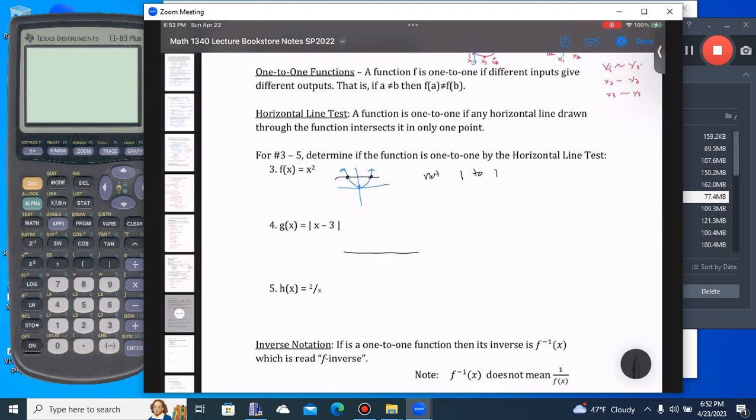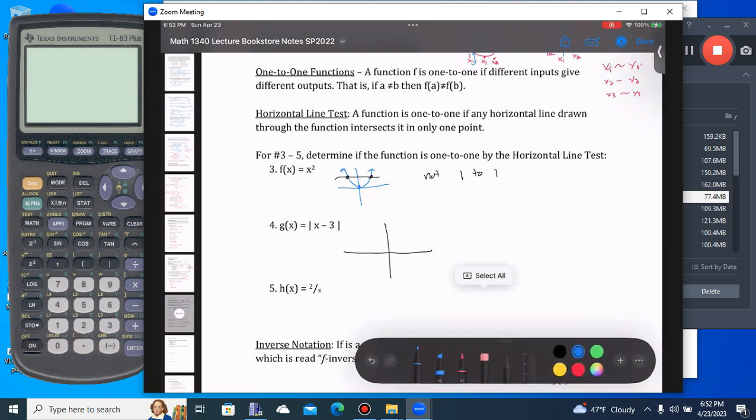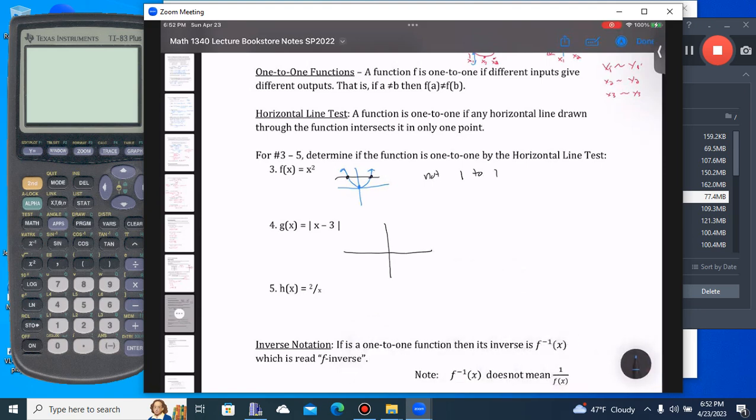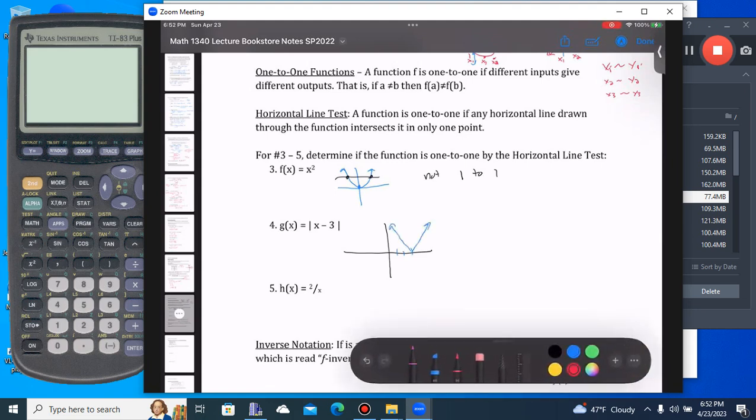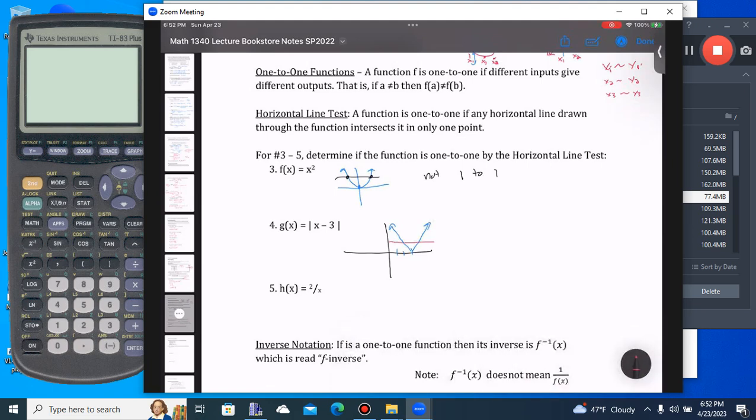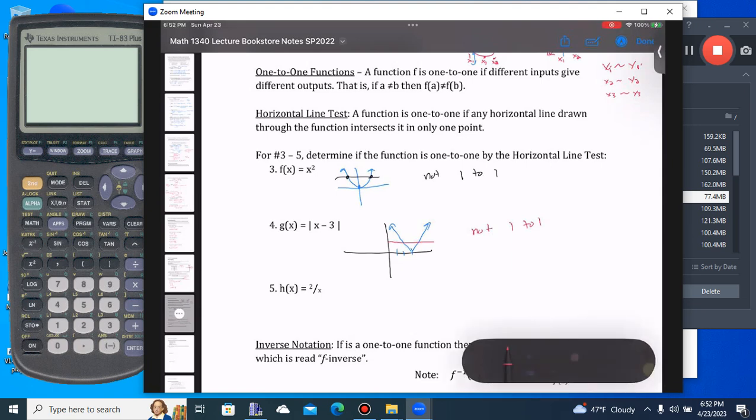Let me draw the bracket first. x minus 3 was shifted here, the V shape. So a horizontal line passes through 2 points, not 1. H of x equaling 2 over x.